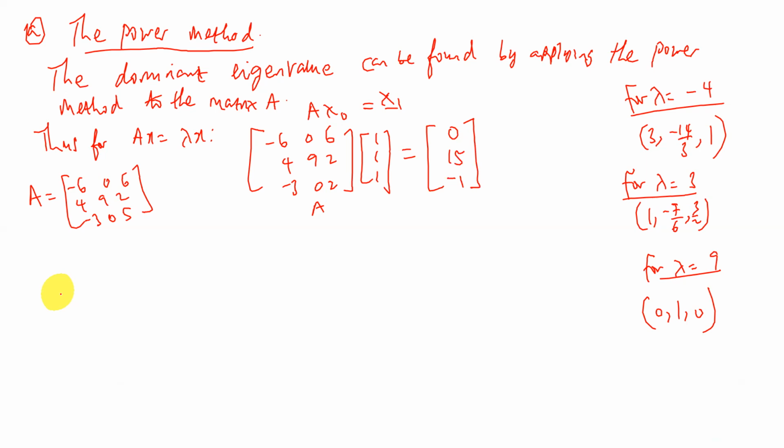Moreover, I want us to analyze these in view of the fact that the dominant eigenvalue is lambda equals 9. If it is lambda equals 9, what is the vector? We saw that it was 1, 0, 1, 0.